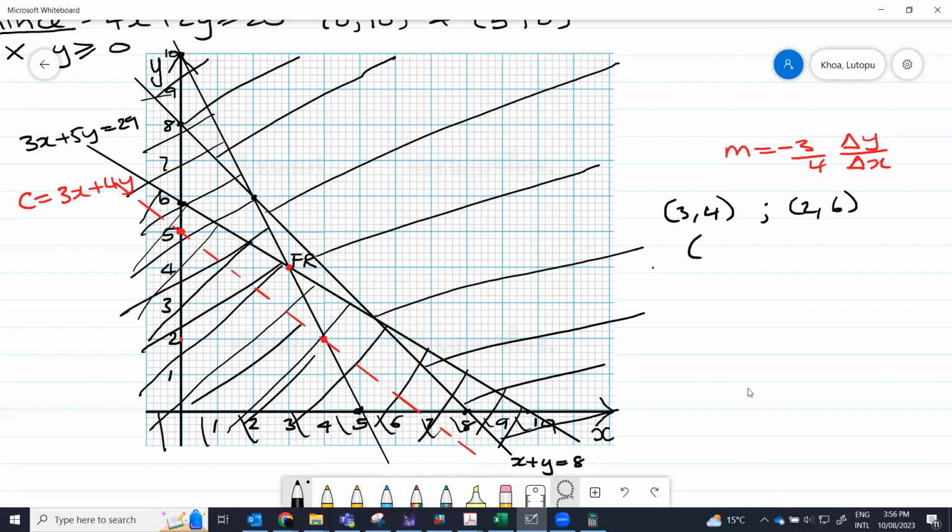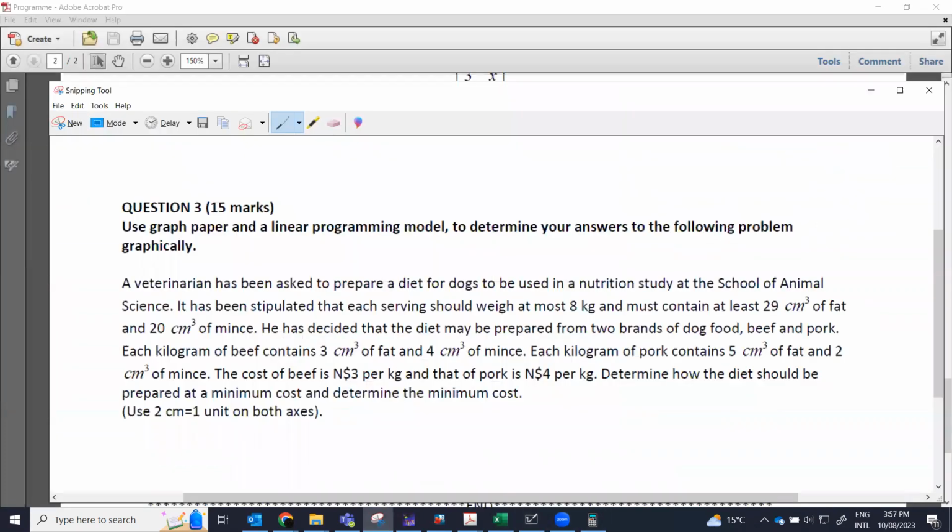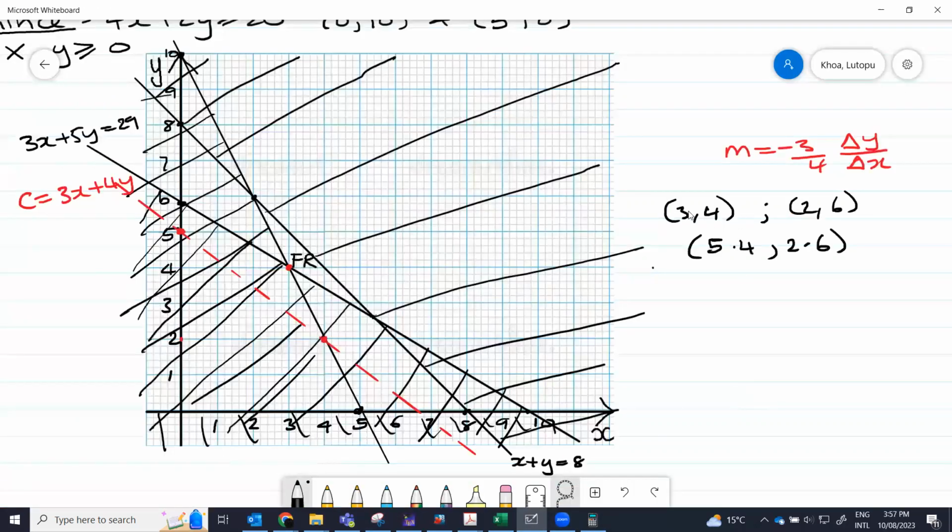And then the last one over here, this looks like 5.4 and 2.6. Now, because this is kilograms, it definitely can be a fraction. So what is the question saying? Determine how the diet should be prepared for a minimum cost. Okay, so that one, you can work out which one gives you the minimum cost.